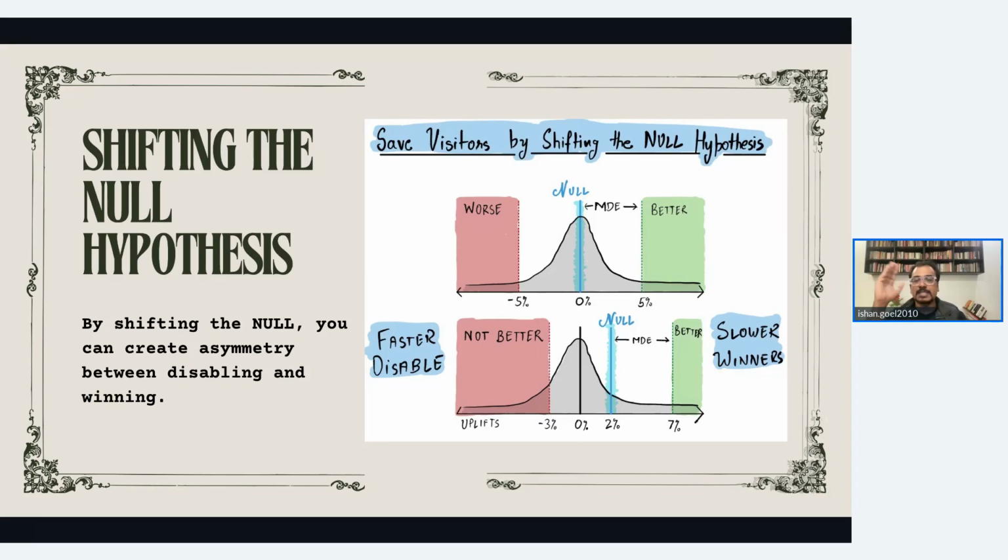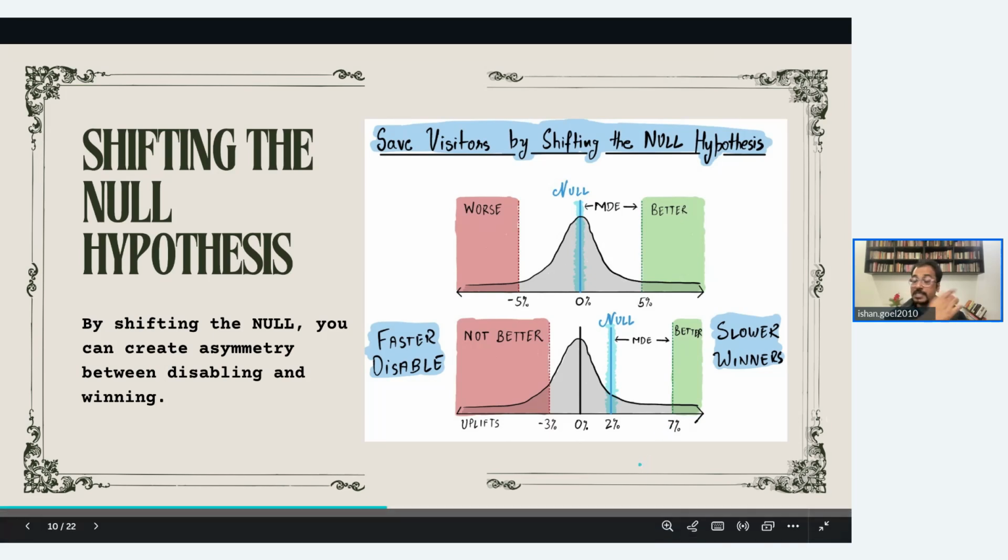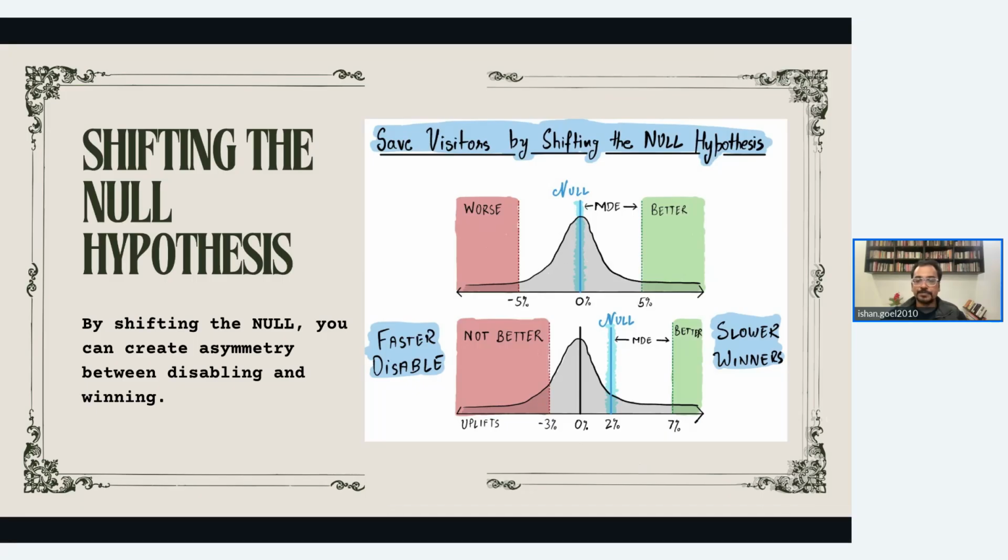Now, what does it do when you shift the null hypothesis? In this case, the MDE is 5% from 0%. So better is above 5% and worse is below -5%. When we shift the null to 2%, given the same sample size, your MDE is 5% around the 2% null hypothesis.